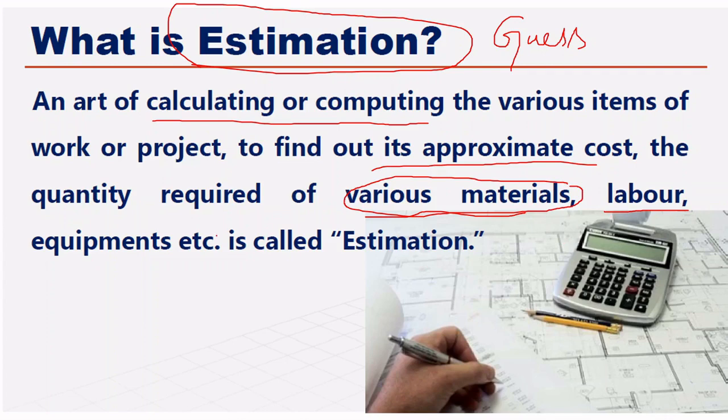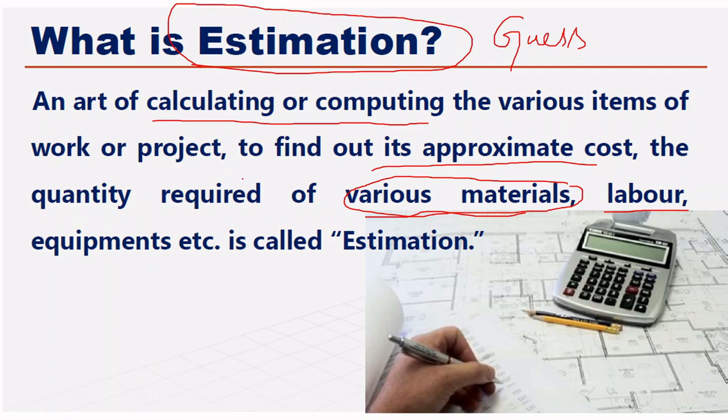With those labors you also need equipments. So the whole process is called as what? Estimation. It is an art of calculating or computing the various items of work or project to find out its approximate cost, the quantity required for various elements, labor, equipment, etc. is called as what? Estimation.